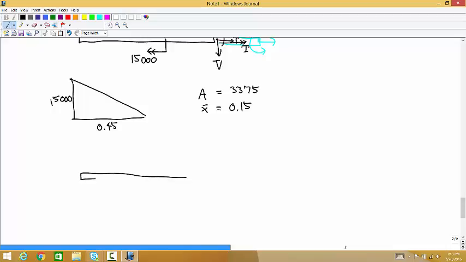And so you can redraw that free body diagram with just a number, 3375, acting down, 0.15 meters from the end. This point torque here. And then you don't have any of the messy algebra in that cut.